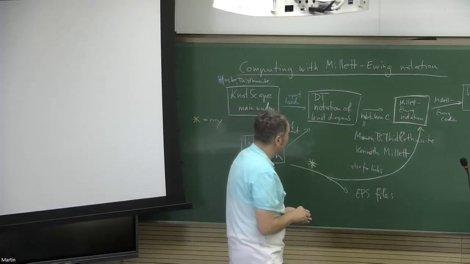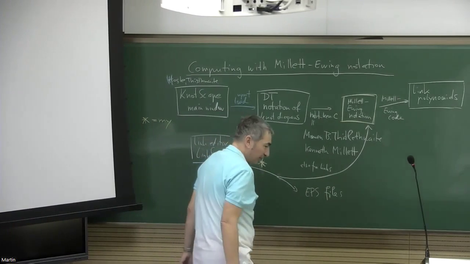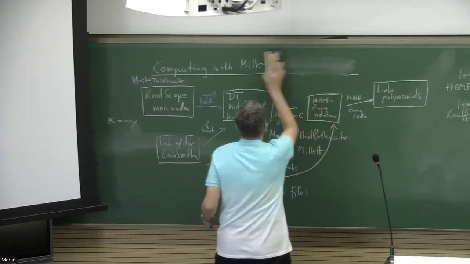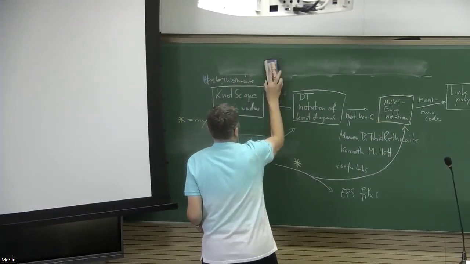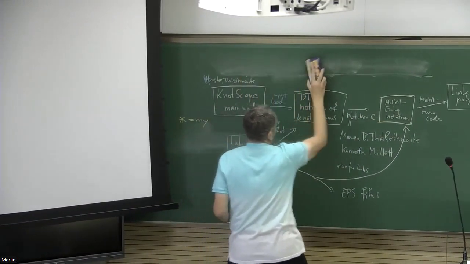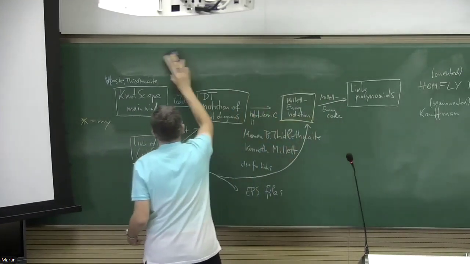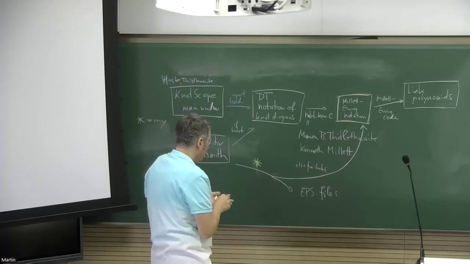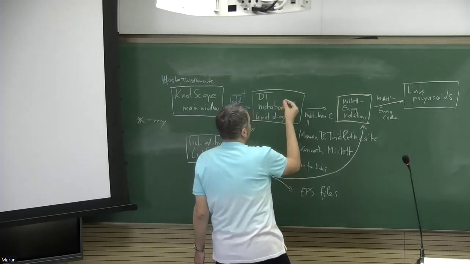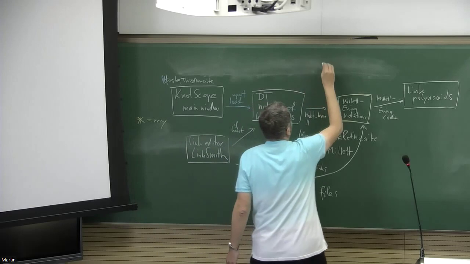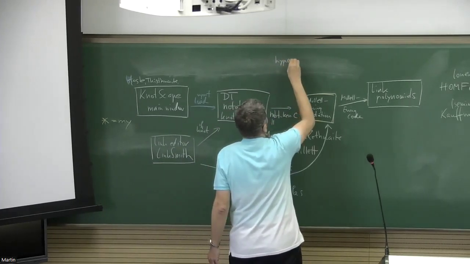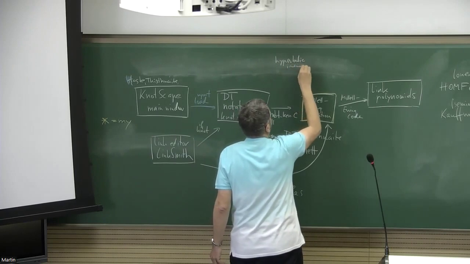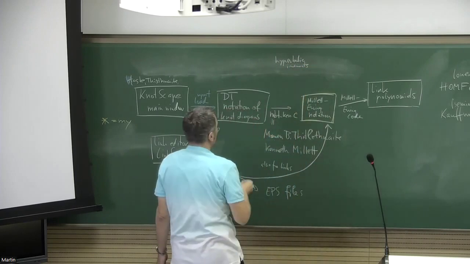Millett-Ewing notation was originally used primarily for this polynomial computation. But then there are some other things in Knotscape. For example, it has some hyperbolic stuff, so hyperbolic invariants. That can be computed.